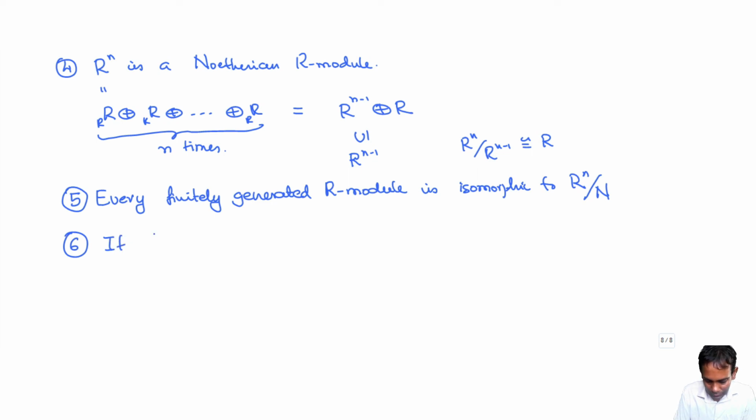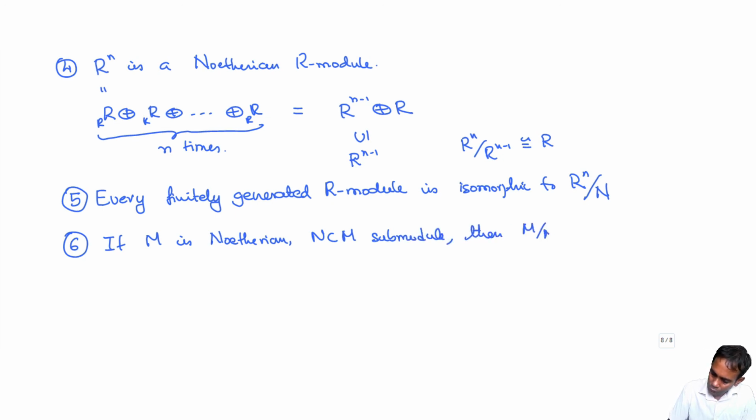If M is Noetherian, and N is a submodule of M, then M mod N is Noetherian.